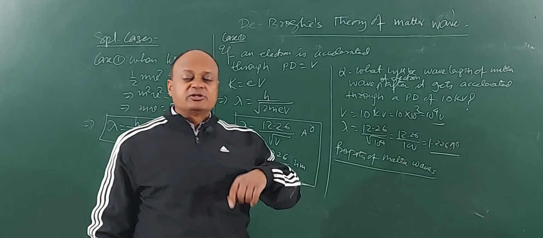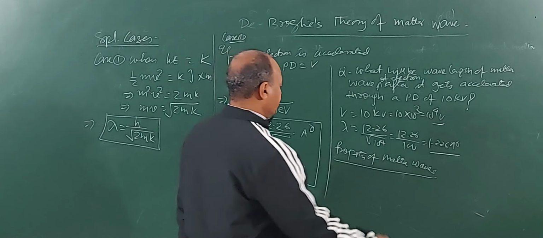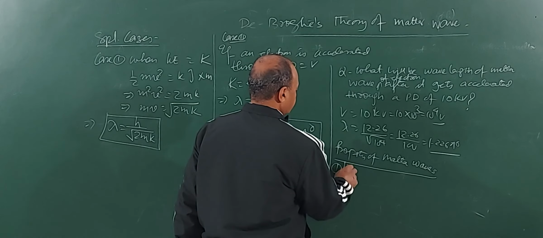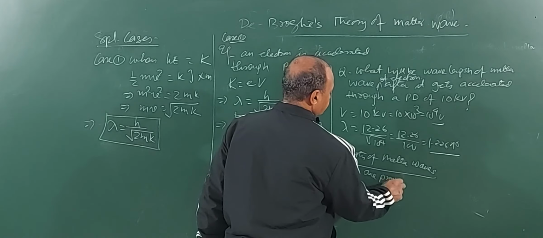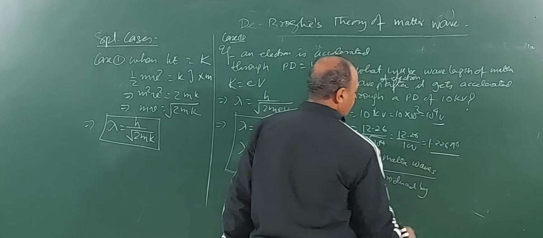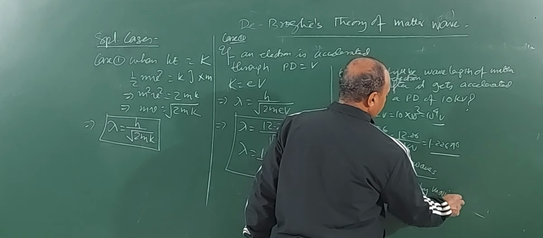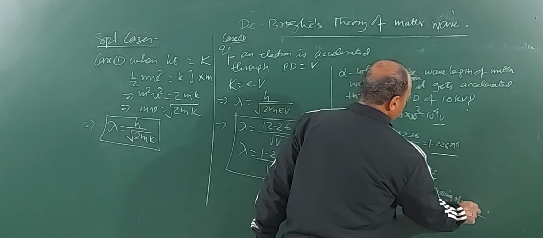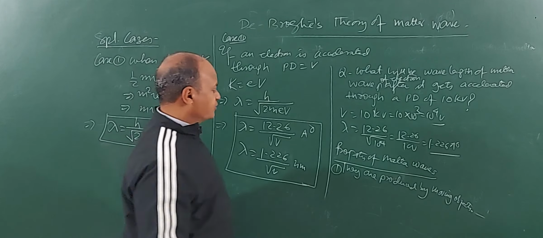And if you divide the number by 0, how much do you get? Infinite. Okay. So first they are produced by moving particles or moving objects.